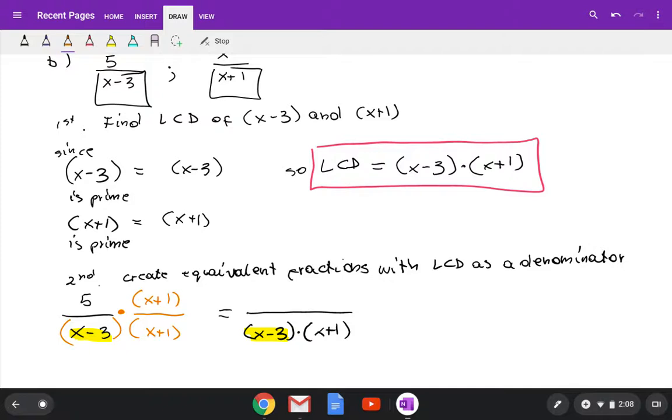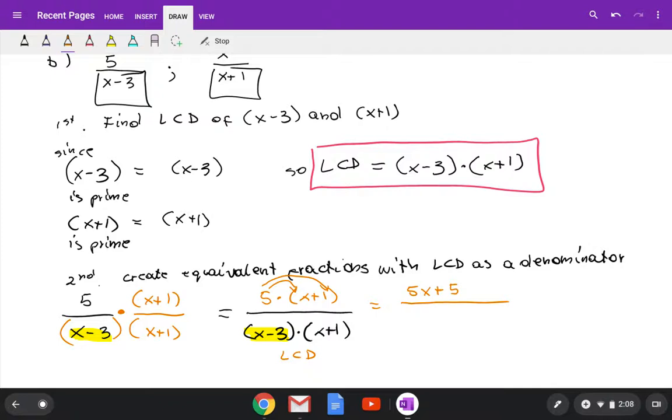And now the denominator is already ready for us. This is the LCD, x minus 3 times x plus 1. The numerator will be 5 times x plus 1. So the last step, just simplify. Distribute that 5 to both, so you're getting 5x plus 5. The denominator, almost all the time, you keep as a product of factors.